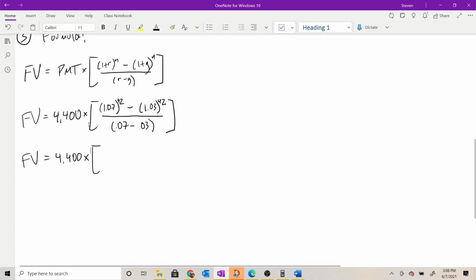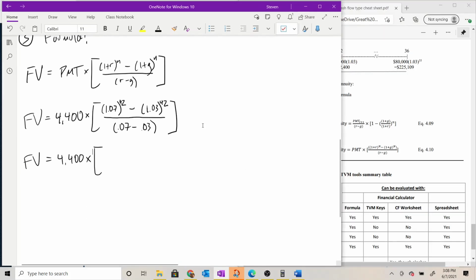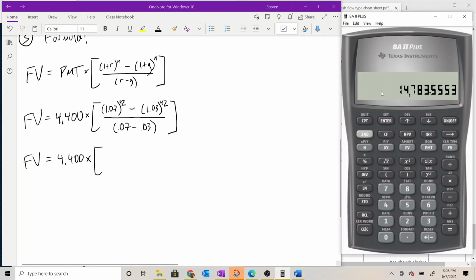Okay, let's work this one piece by piece. We could, as before, punch it in from left to right just like it's written. It'll work out okay as long as we type it in correctly. But I will often not type it in correctly and won't realize that I've done it, or I'll realize it at the very end and have to start all the way over. So I find these problems a little faster to work if I'm having to use the calculator to solve them, just using arithmetic.